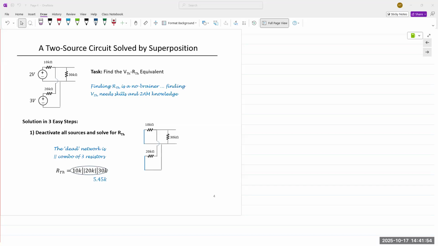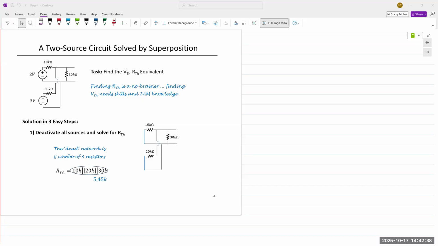Superposition principle states that the voltage or current in a multi-source circuit, the voltage or current that appears at any point in the circuit, is a result of all of these sources working at the same time. So if you have like 10 different sources in the circuit, whether it's voltage source or current source, does not matter, could be any combination of those, and you have n number of sources, then the voltage or current that results at any given point in the circuit is a result of all of those sources working at the same time.